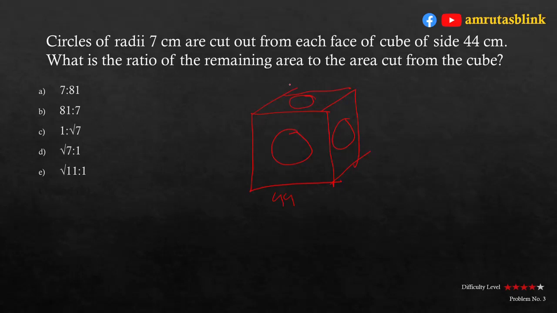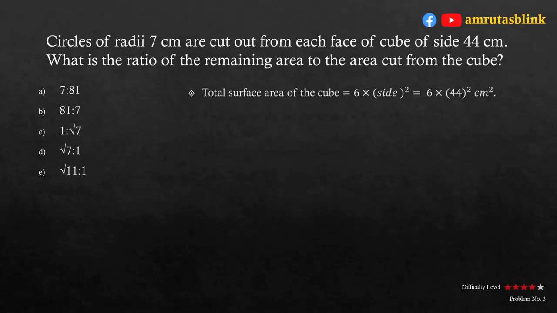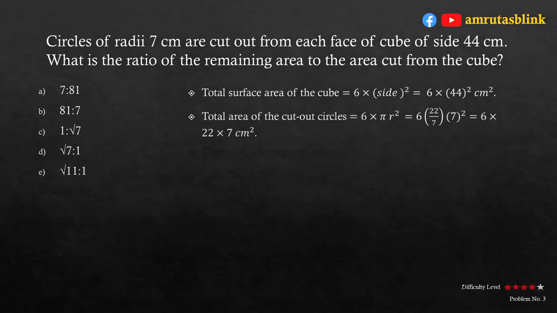First of all, we will calculate the total surface area of the cube. Now total surface area of the cube is 6 into side square. Side of a cube is given as 44 centimeter, so 6 into 44 square. We will keep this figure as it is as of now. Now a circle of radius 7 centimeter is cut out from each face.